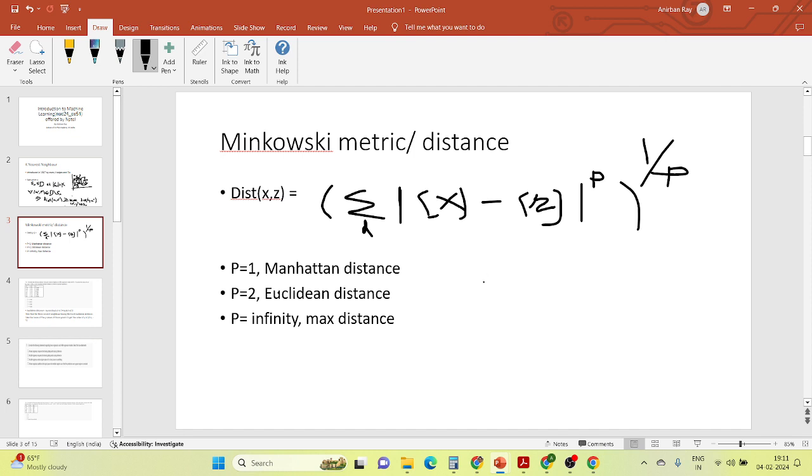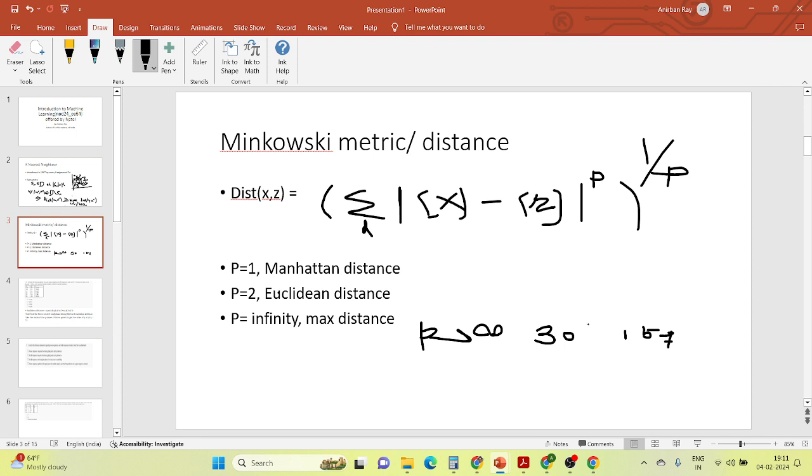What I mean by this is, if p is a very large number, suppose one difference is 30, another is 15, another is 7.